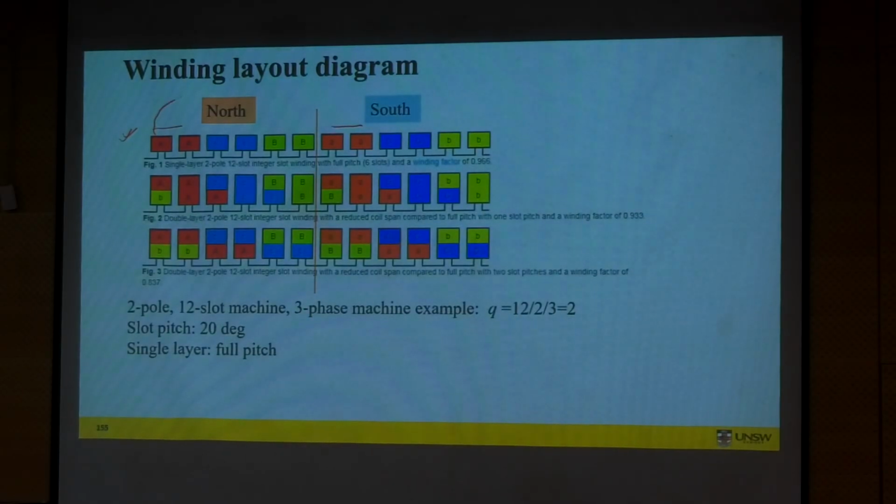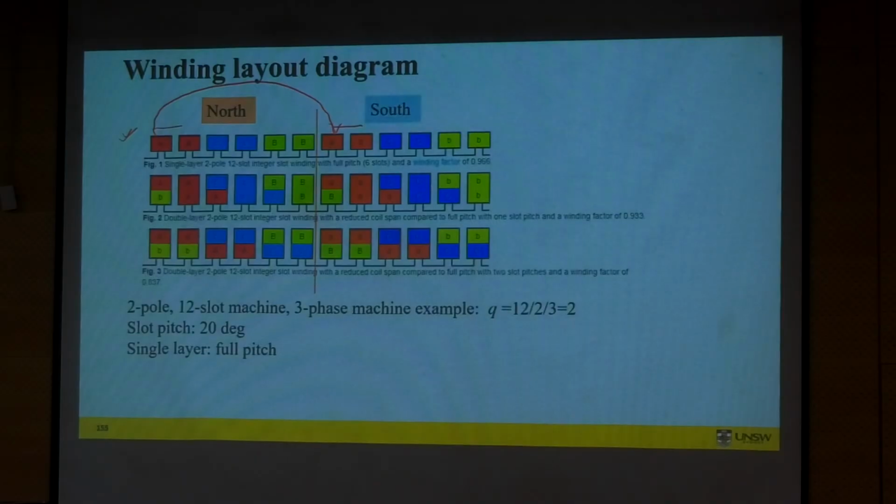When we have a connection like this, there is a 180 degree phase difference between one side of the coil and the other side. If we have 180 degrees between the plus and the minus of your coil, it's called full pitch winding.